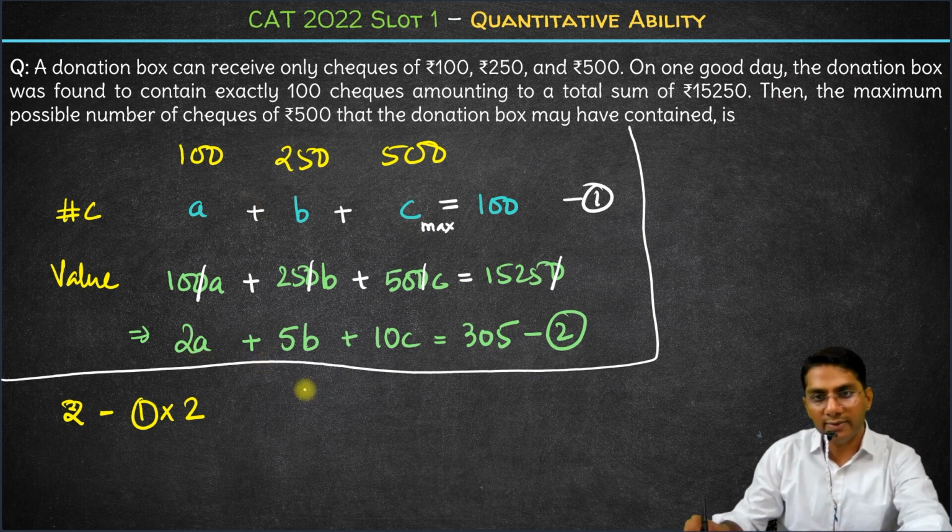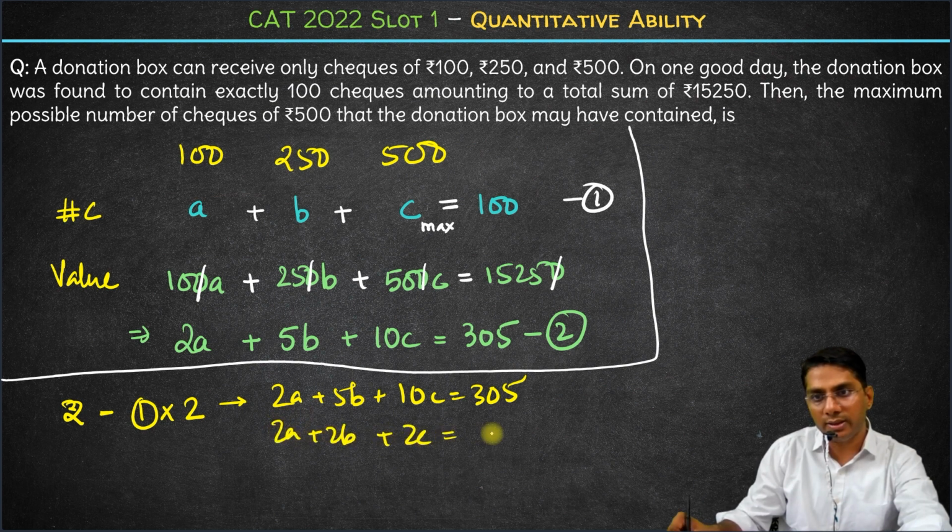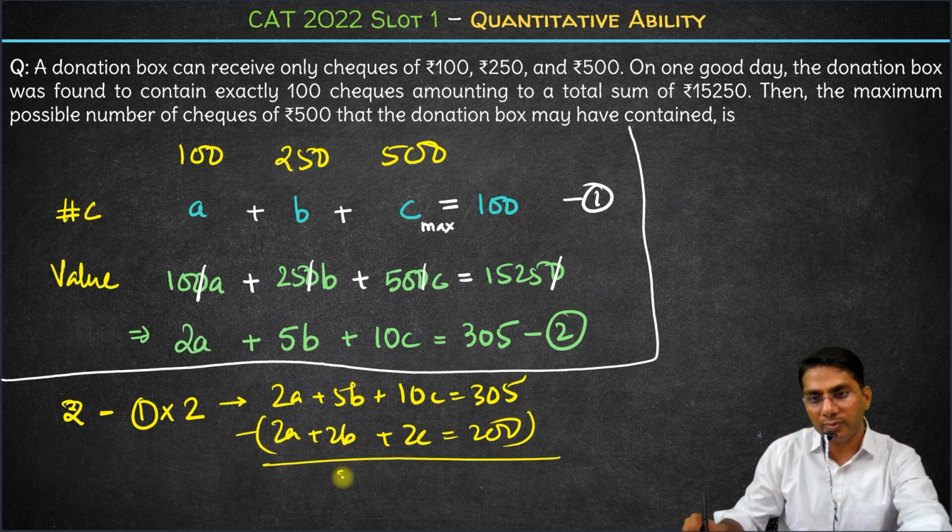Second equation we have here: 2A plus 5B plus 10C is 305. Twice of first equation is 2A plus 2B plus 2C is 200. And let's subtract this from the first. 2A minus 2A is 0, 5B minus 2B is 3B, plus 10C minus 2C is 8C, which is 305 minus 200, which is 105.